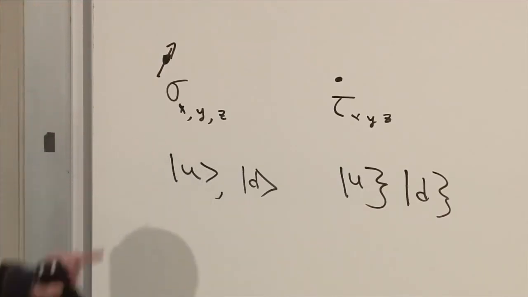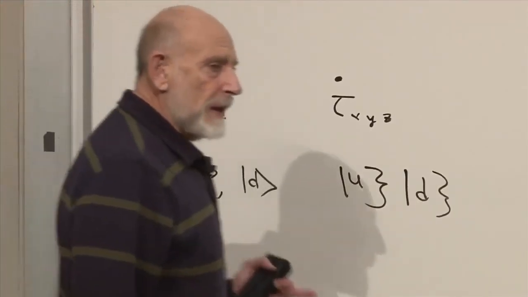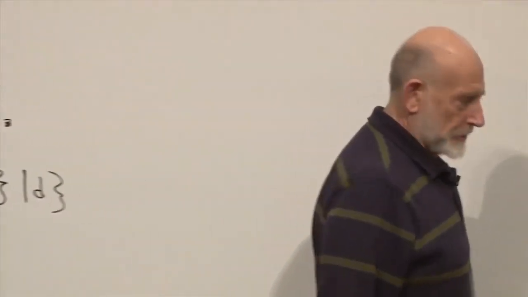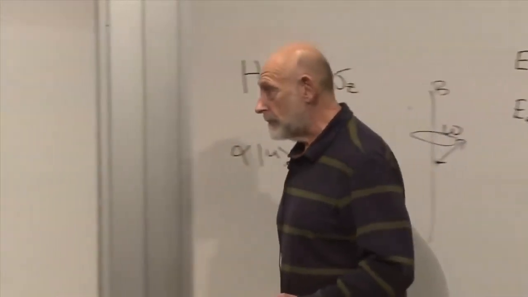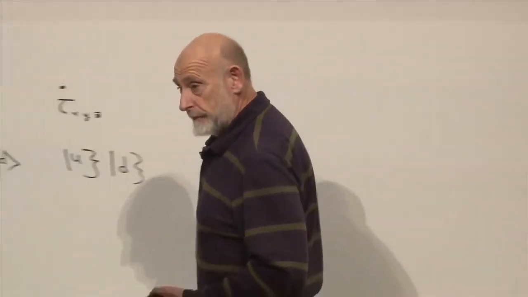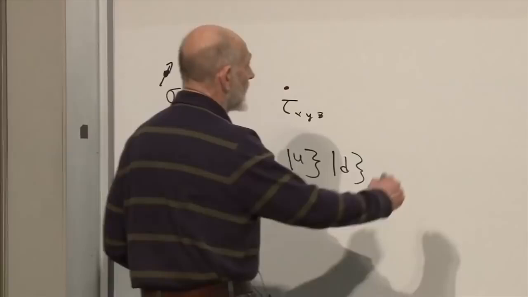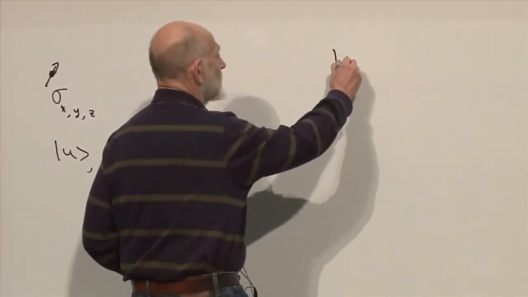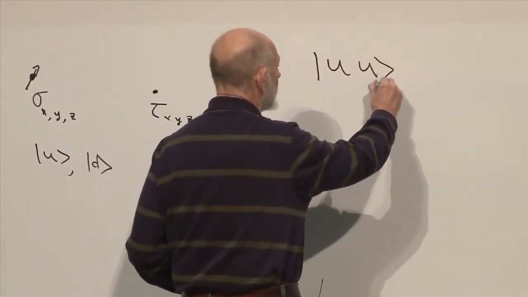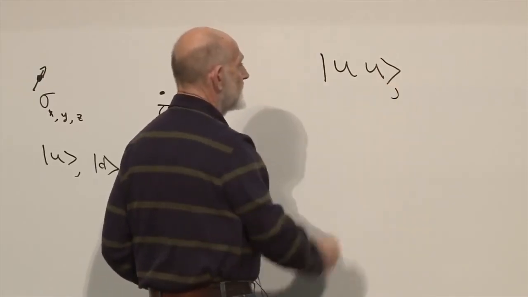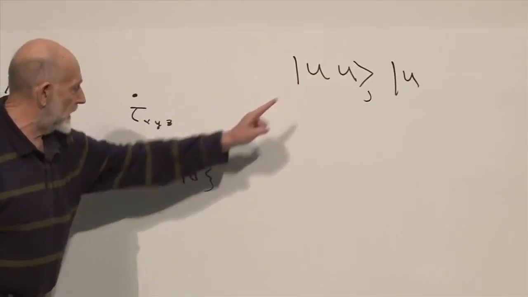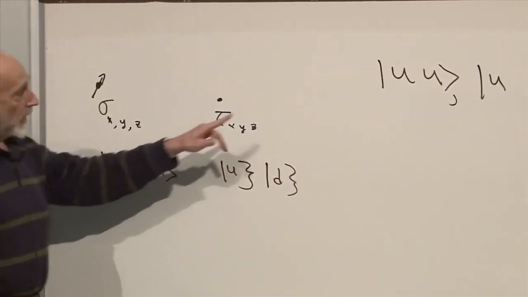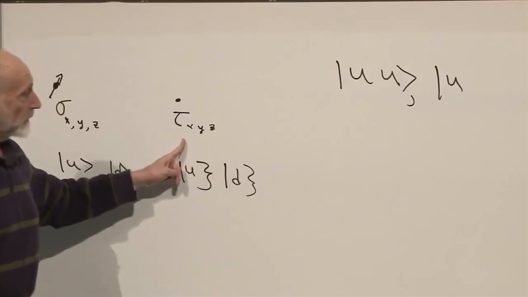Okay. So, good. What are the basis vectors for the combined system? If we put the systems together, what are the basis vectors for the combined system? There are 4 of them. 2 times 2 is 4. And what are they? They are states in which both spins are up. That's one of them. I'll always take the first entry here to correspond to sigma, and the second entry to correspond to tau.